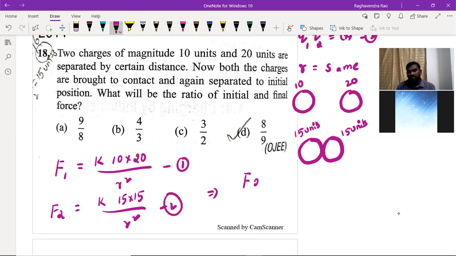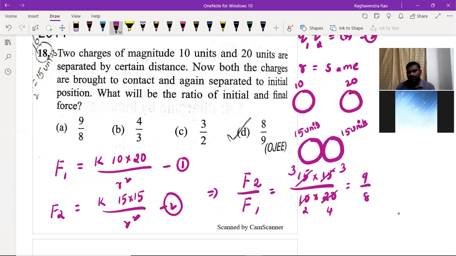That means F2 by F1 is equal to 15 into 15 by 10 into 20, which is 9 by 8.